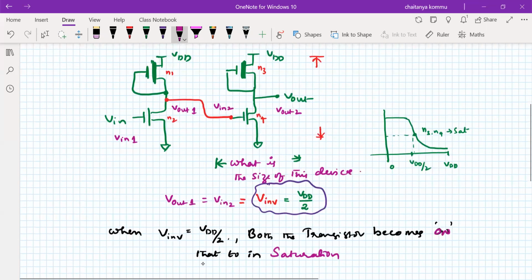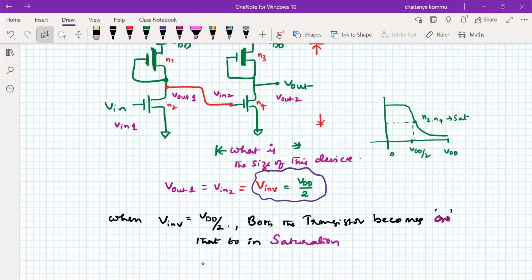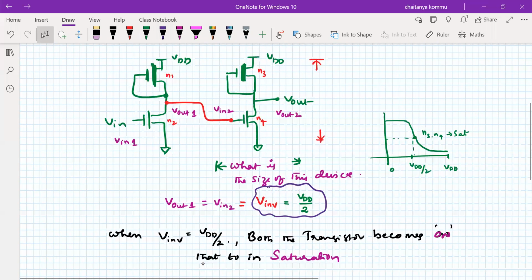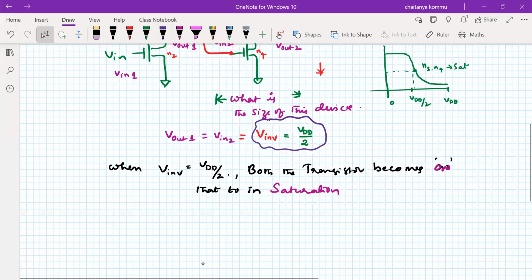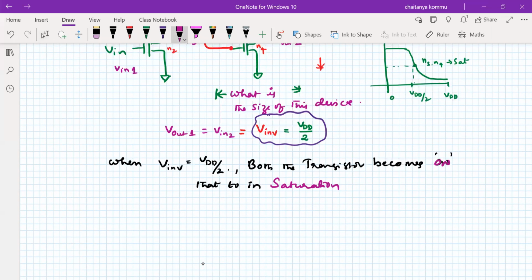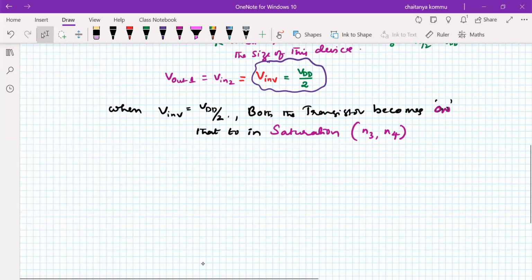Clear? Okay, so both the transistors, I can write it as N3 and N4. Please remember that. N3 and N4, both are in saturation.